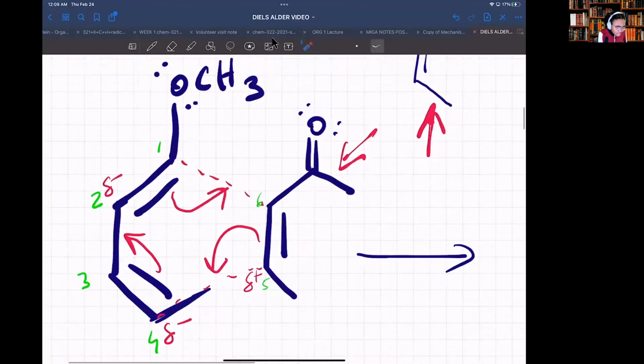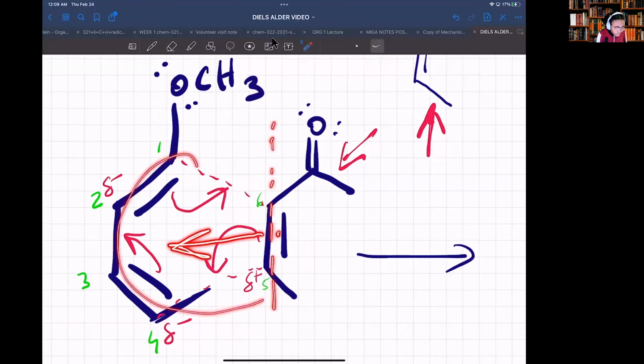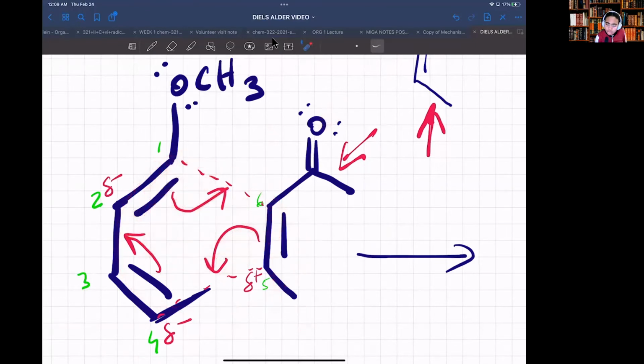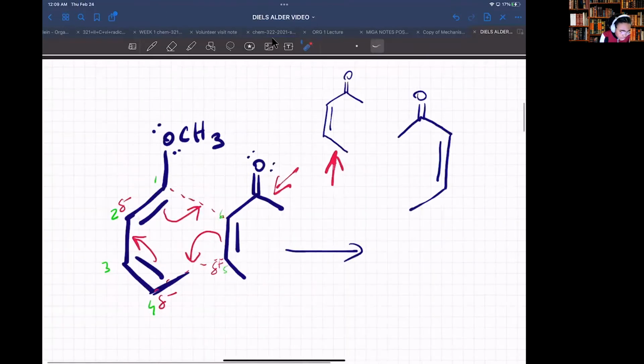What I mean by outside is, in reference to this ring being closed, we know that this group here, that ketone and that methyl group, is outside.